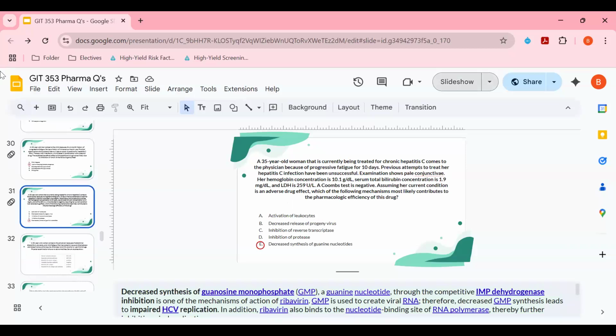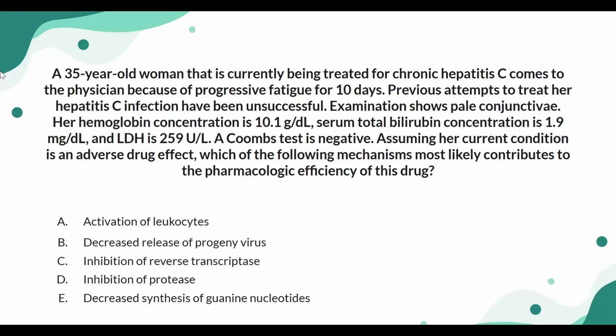Okay, we'll continue. Let's move on to the next question. A 35-year-old woman that is currently being treated for chronic hepatitis C comes to the physician because of progressive fatigue for 10 days. Previous attempts to treat her hepatitis C infection have been unsuccessful. Examination shows pale conjunctiva. Her hemoglobin concentration is 10, which is quite low. The normal hemoglobin concentration is 12 to 16 for women, right?